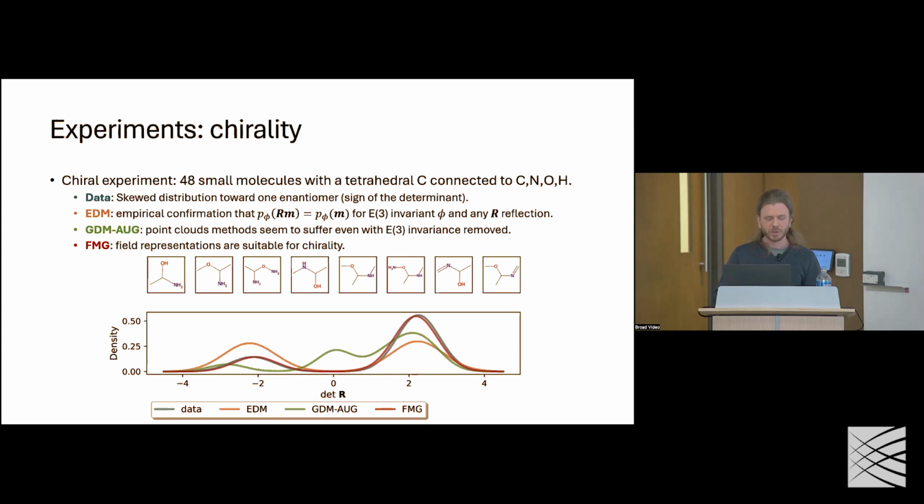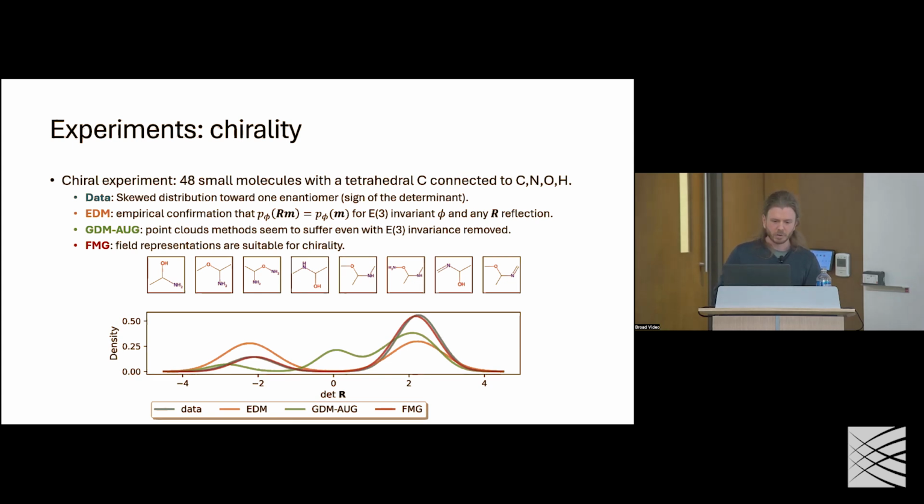That, coupled with the atom types and the residue types, essentially can tell you directly what the chirality is. But what this experiment shows is that on a skewed data set, the data distribution is shown in blue, it's skewed towards one of the enantiomer configurations. And we try to find which methods can capture this.